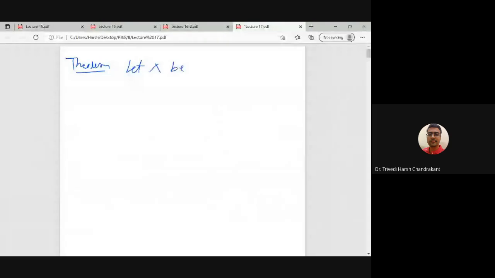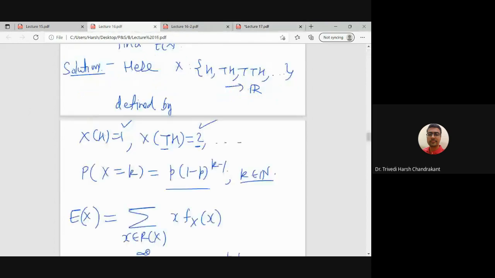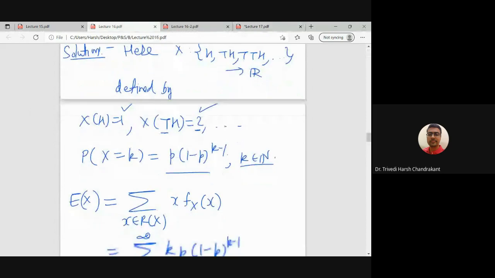Let X be a discrete random variable, and let g be a function from R to R. What is the formula for the expectation of g of X? Expectation of g of X we can directly define using this formula.